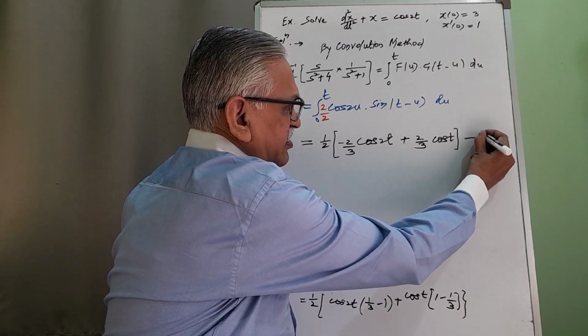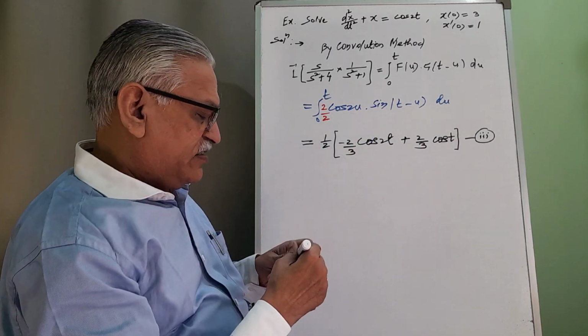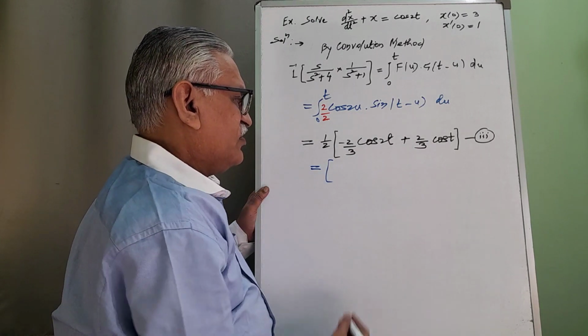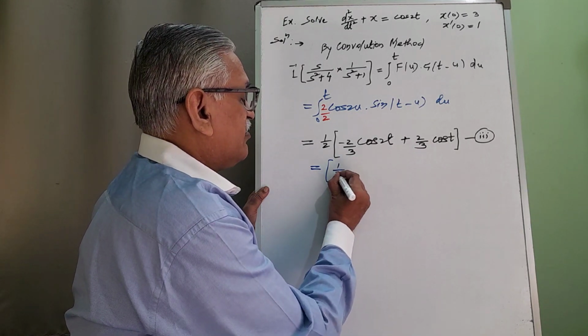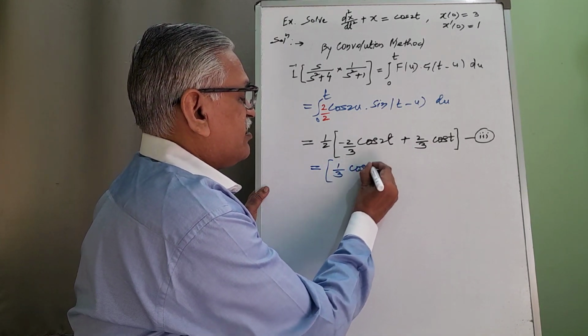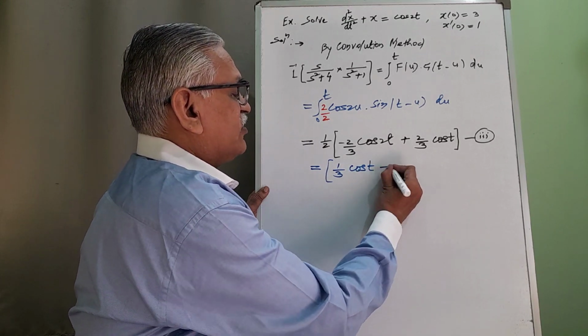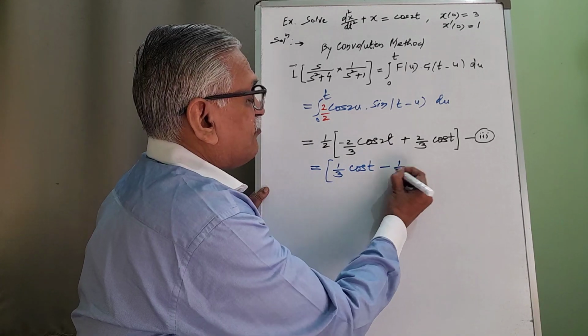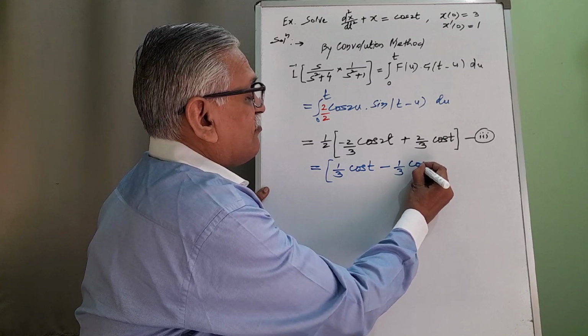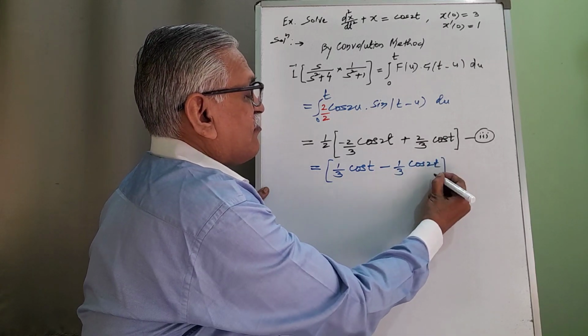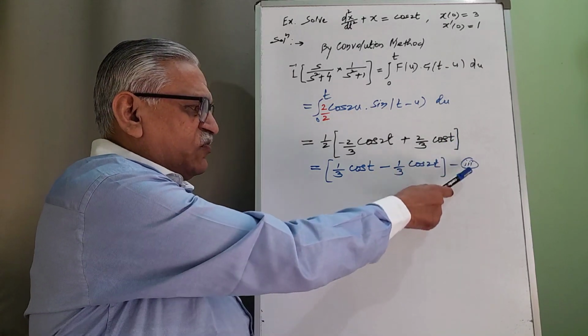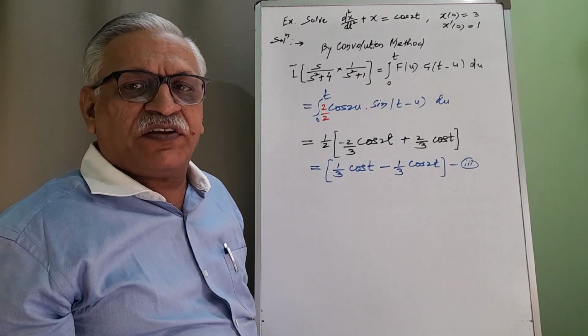Multiplying by 2 inside, this 2 gets cancelled, it is 1 by 3 cos t, and this one is minus. Instead of calling this as 3, we call this as equation 3.